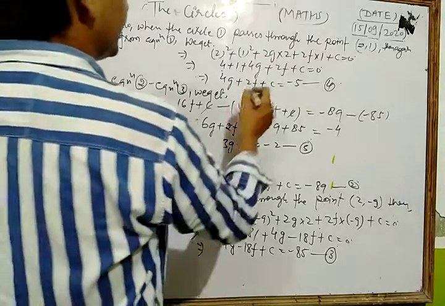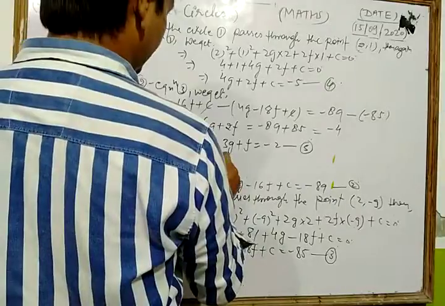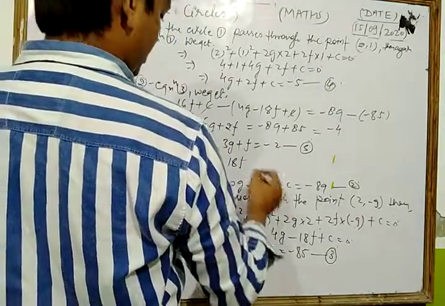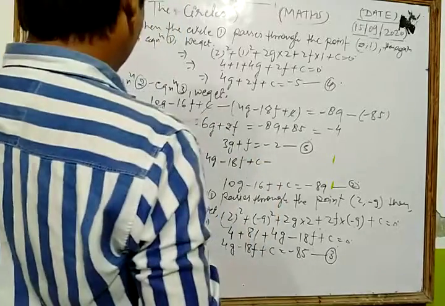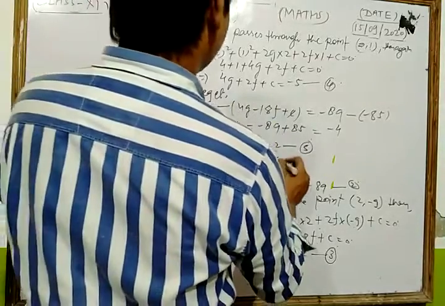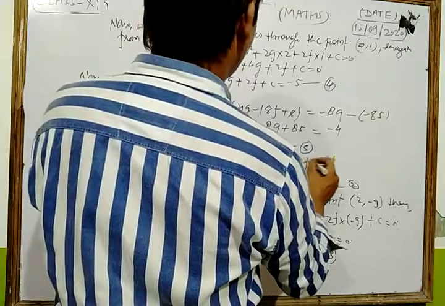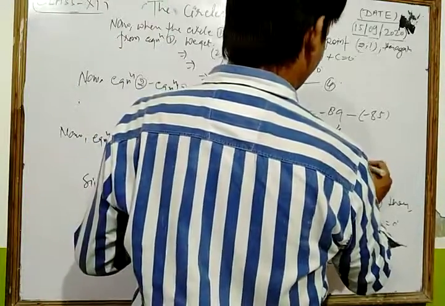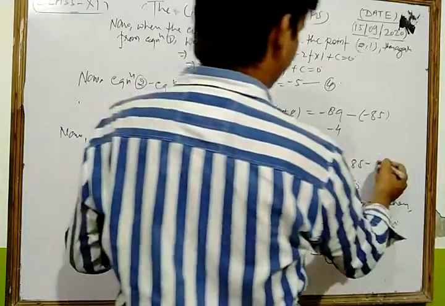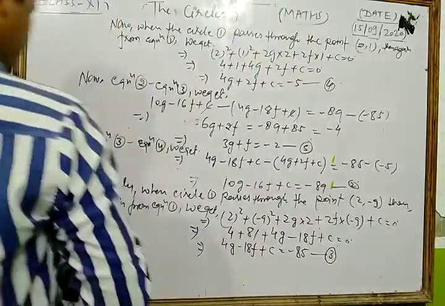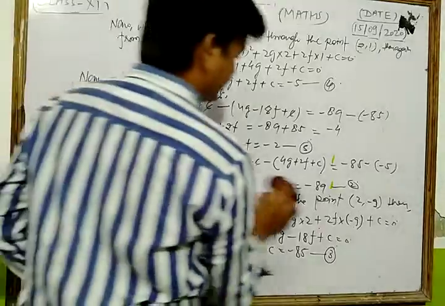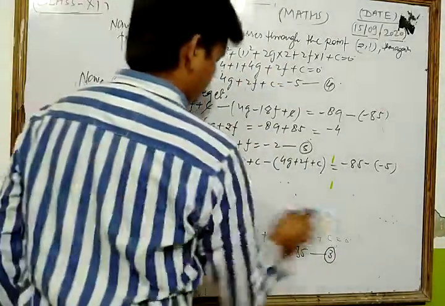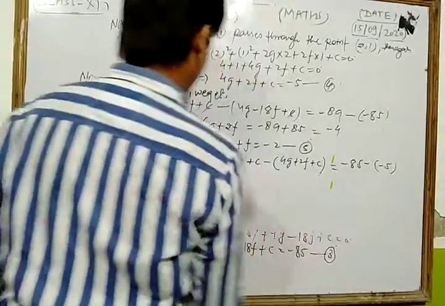Equation 3 is 4g minus 18f plus c, minus (4g plus 2f plus c), is equal to minus 85 minus (minus 5). Now let's see its solution.